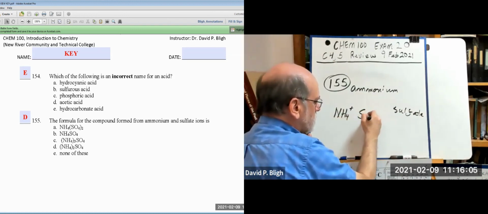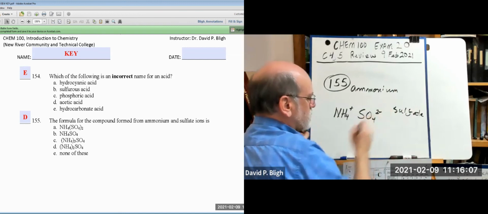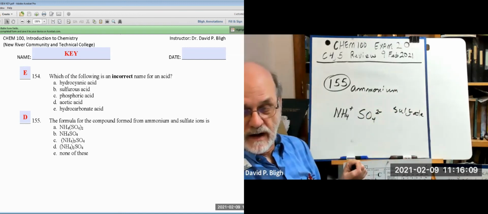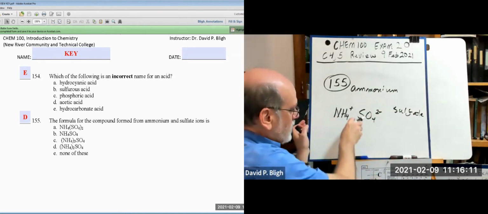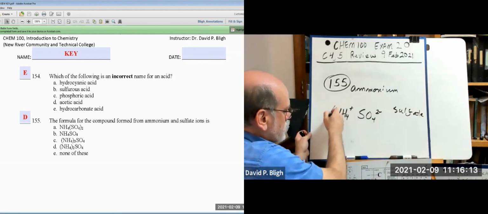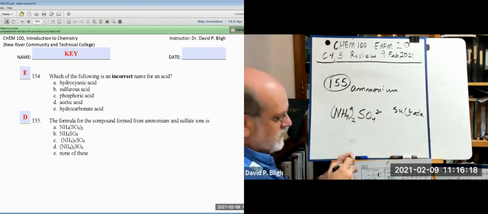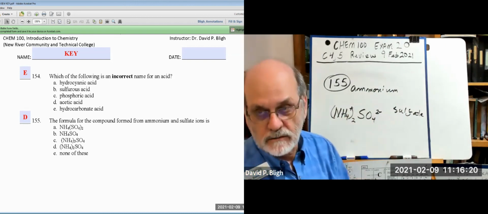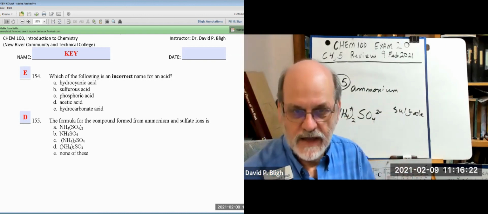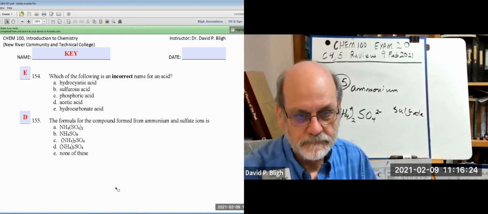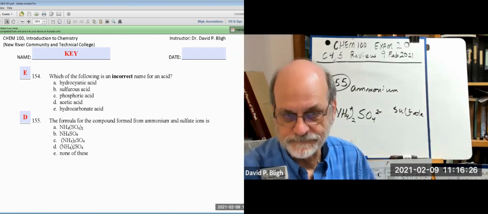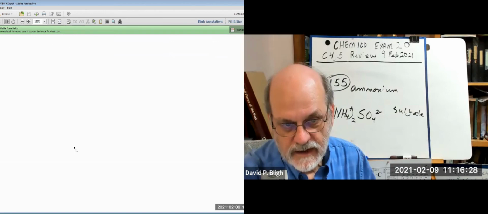Sulfate has a 2- charge. So just balance the charges. We need 2 of these to balance the 2-. NH4 parentheses 2 SO4. That's D, the answer. Okay, I think that's it.